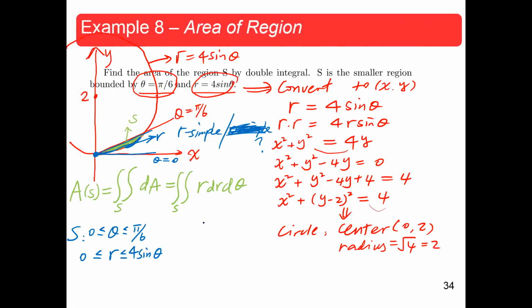Okay, with this in mind, we can write our double integration here. So double integral r dr d theta. Radius r goes from 0 to 4 sine theta.